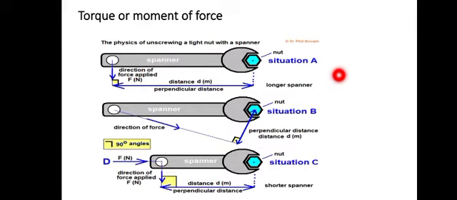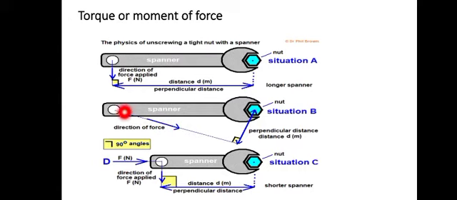In situation A there is a long spanner, and when we apply the force perpendicularly, the torque produced will be greater. Similarly, in situation B, the length of the spanner is long, this moment arm D is long, but here the force is not perpendicular.